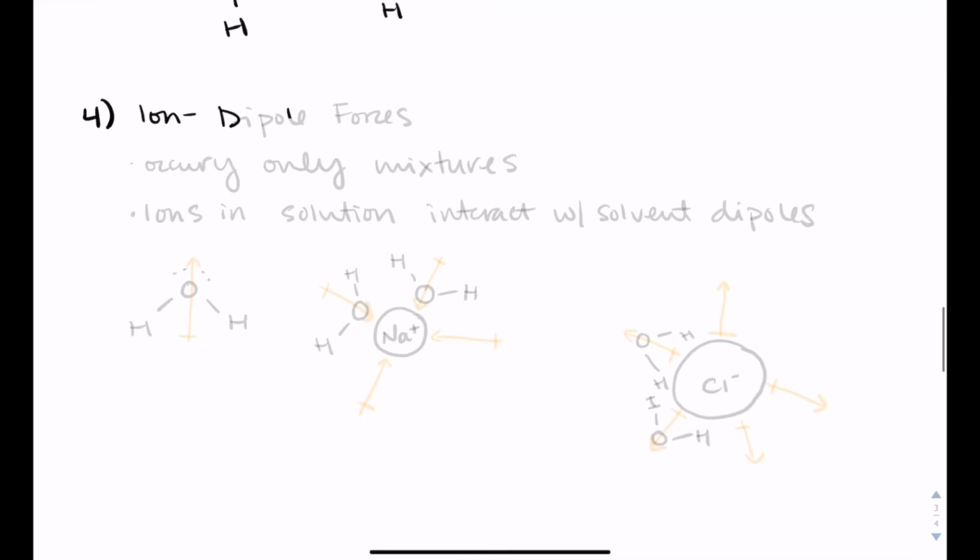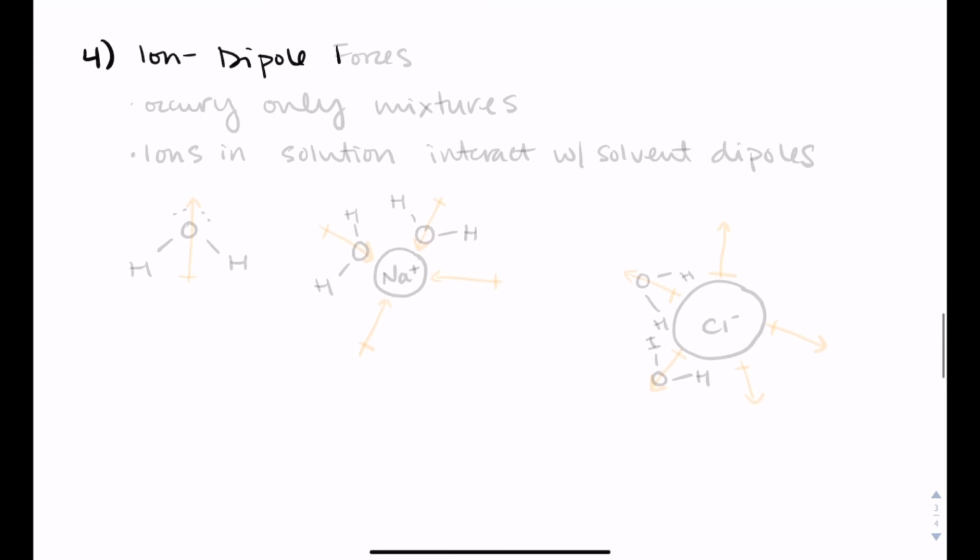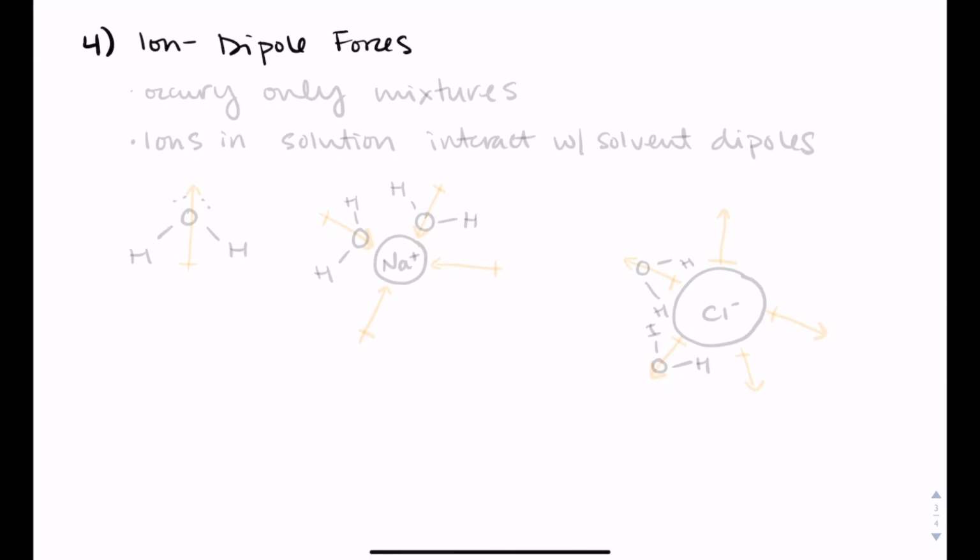There is one more intermolecular force that I want to mention. Hydrogen bonding was the strongest, and the first three are the intermolecular forces that we see in pure samples. It's possible to see them in a mixture, but you can see them in pure substances.